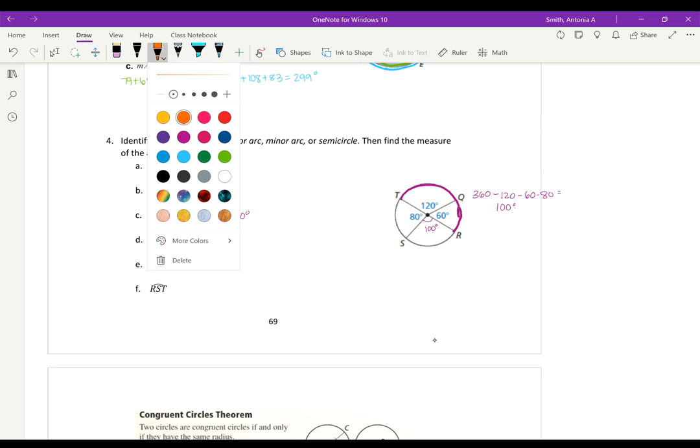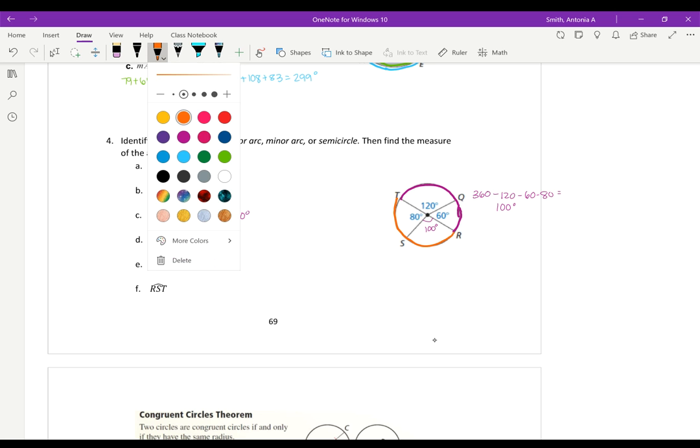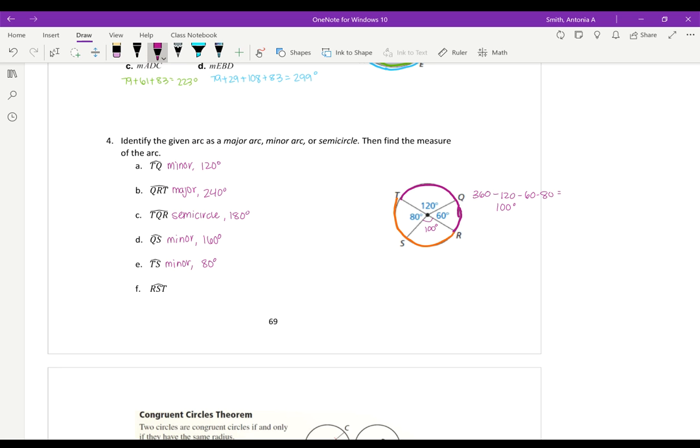Use a different color here. R and T are still the endpoints of our diameter. So this is a semicircle, and it is always 180 degrees.